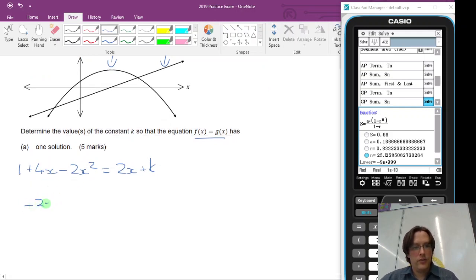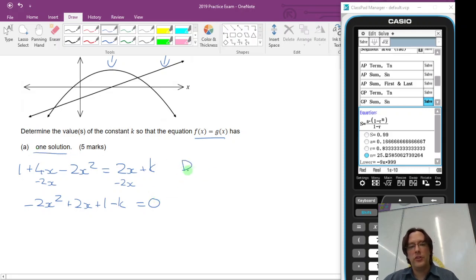We've got negative 2x squared, we take 2x from both sides, so we end up with plus 2x plus 1 minus k equals 0. Now we want it in this form so that we can use our quadratic equation. So now we have the quadratic equation, and we want to find where it's got one solution.